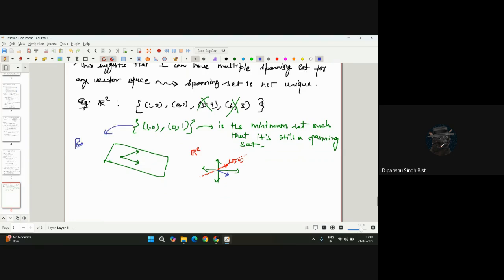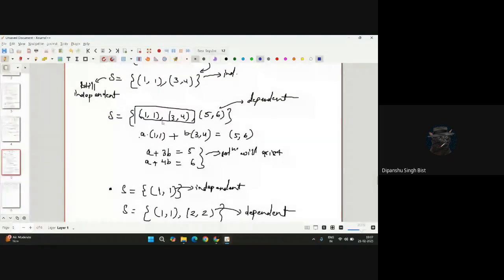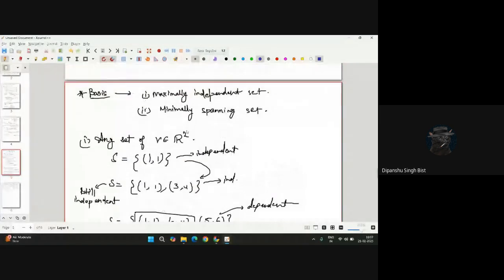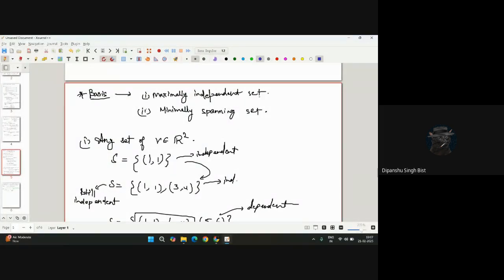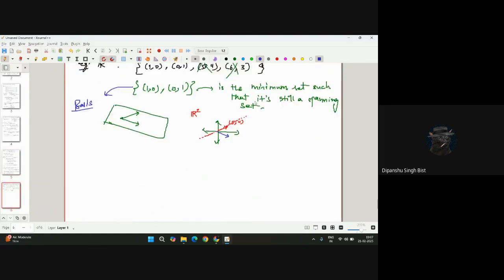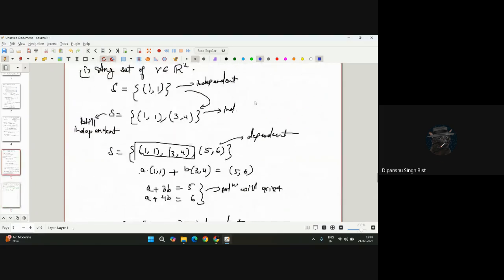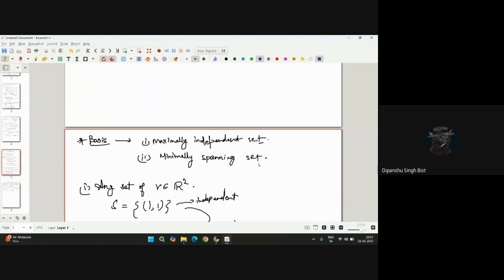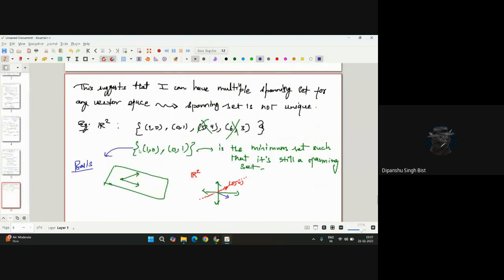So this is basis. So basis is a spanning set such that you cannot increase elements to it, because if you increase elements in the basis, then it will no longer be linearly independent. Correct? That's why it's maximally independent. And you can't decrease the number of vectors either, because it's a minimally spanning set, so you can't remove more elements from it.